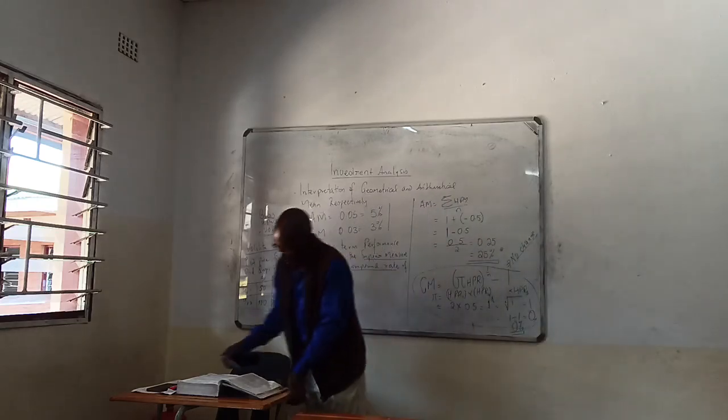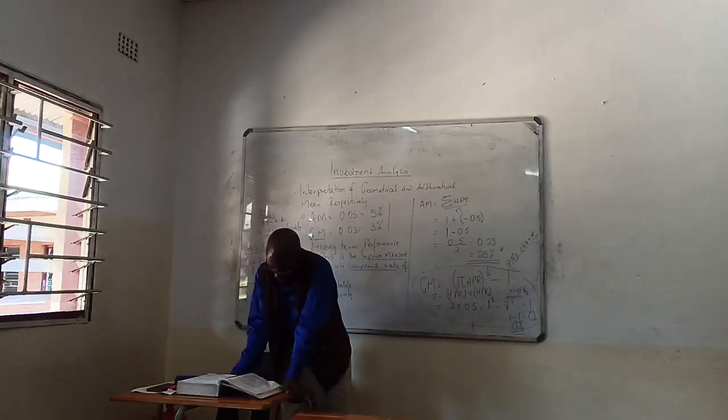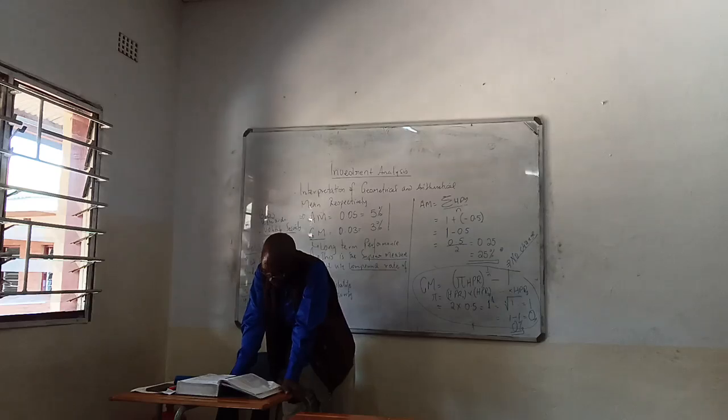Now, if you look at what they are saying here, when the rates of return are the same for all years, the GM is equal to the AM. If the rates of return vary over years, the GM will always be lower than the AM.